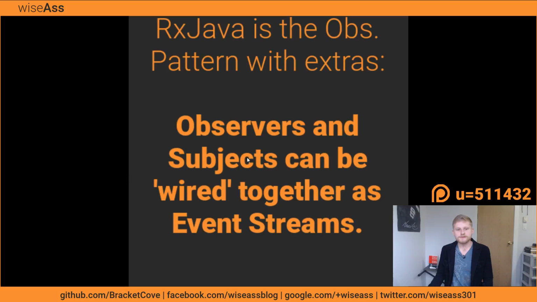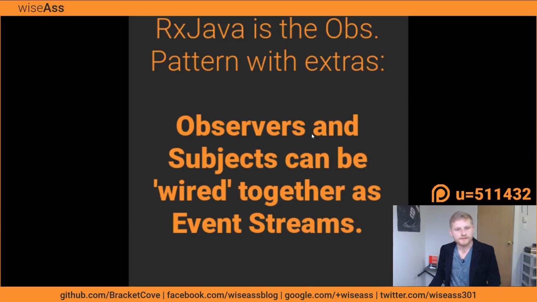You can compose these things together as event streams, and that's where the name reactive streams comes from. Once you apply this observer pattern, you can treat things as something which either produces an event, relays an event, listens for an event, or changes an event. I'll talk about what an event is in a moment.